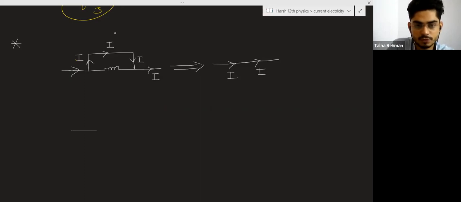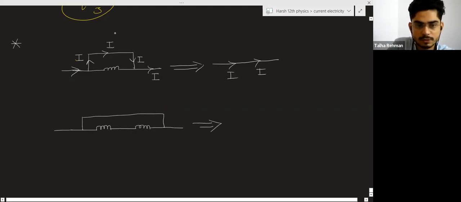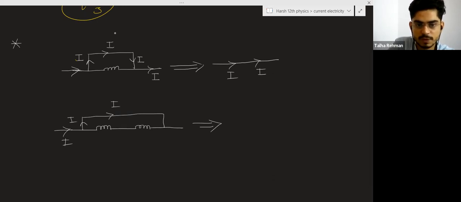And if you are connecting resistances like this now, then all the current will go through this path. No current will go through this path.